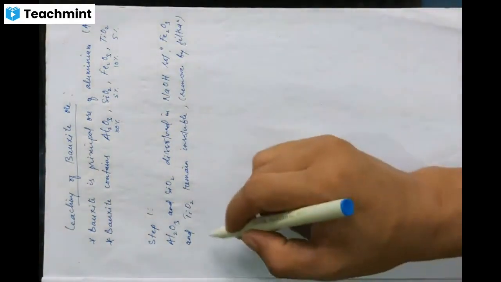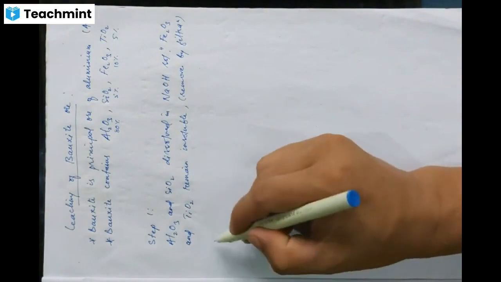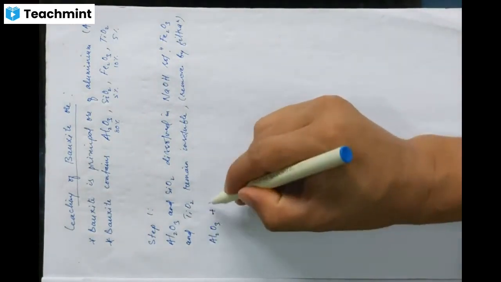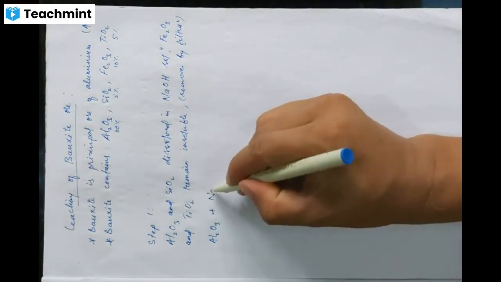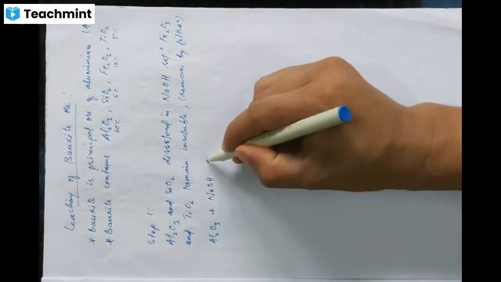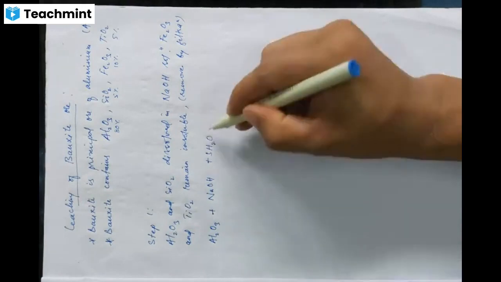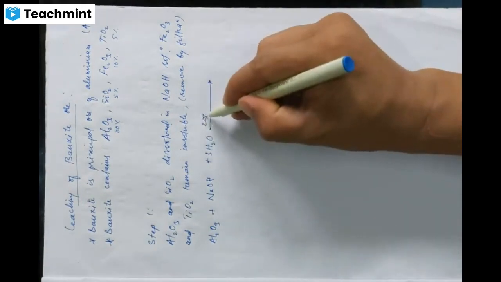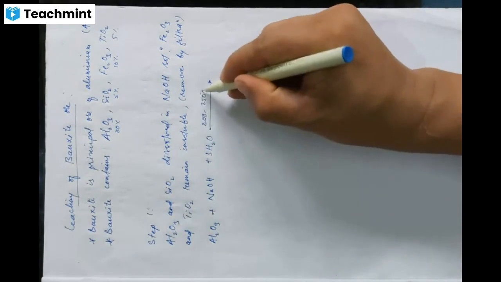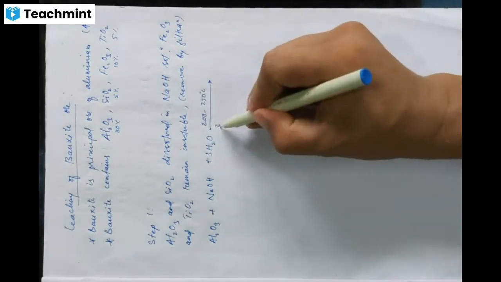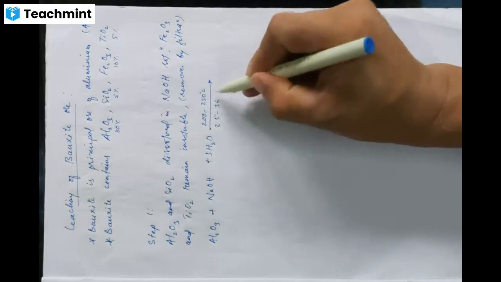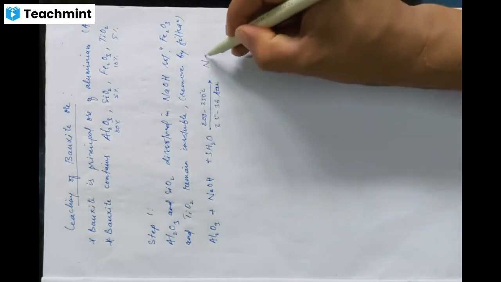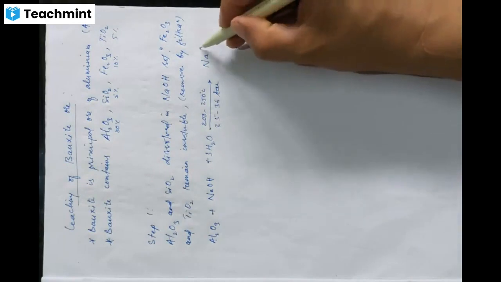So when you treat aluminum trioxide with sodium hydroxide in the presence of water, because it's an alkaline solution, and then heat it at a little bit of pressure, then we get sodium aluminate.